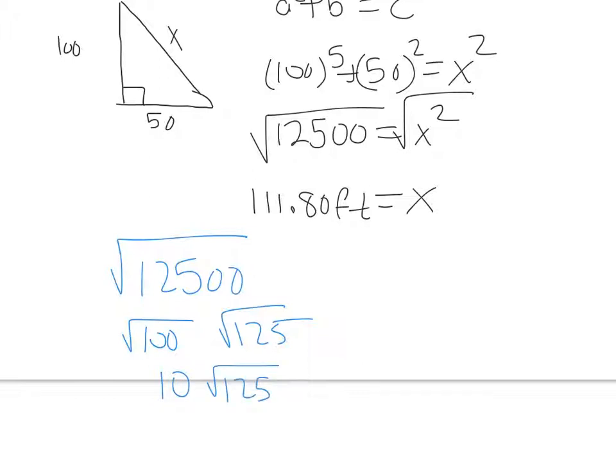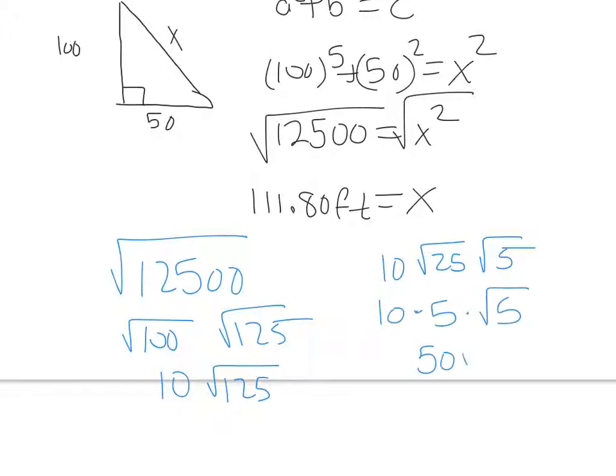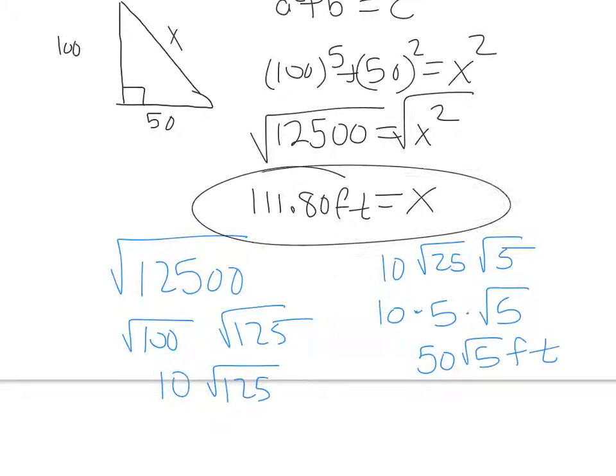Well, I know I can divide 125 by 25 as well. So now I have 10 times the square root of 5 times the square root of 25 times the square root of 5. So that'd be 10 times 5 times the square root of 5. So it'd be 50 square root 5 feet. But for me, it's that, because I've never heard anyone say, yeah, that's a distance of 50 square root 5 feet. Okay? So let's take a look at another one.